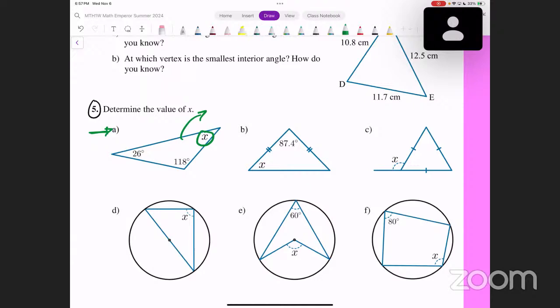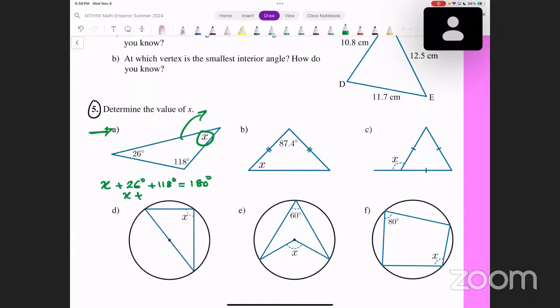Okay, Nishal, what did you get for X? I got 36. All right, so Nishal got that right, 36. Why did Nishal get that? X plus 26 degrees plus 118 is 180, isn't it? We learned how to solve equations, guys.